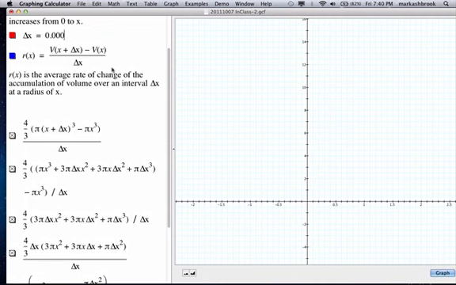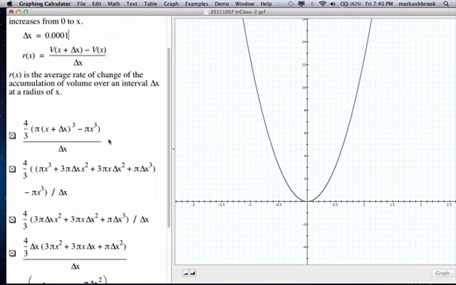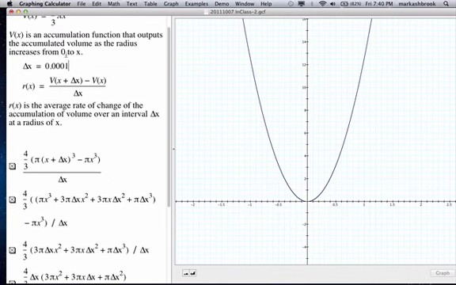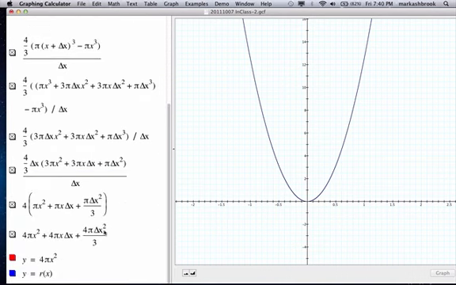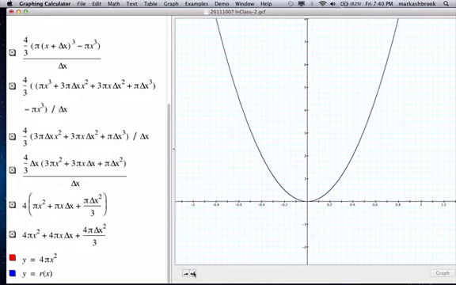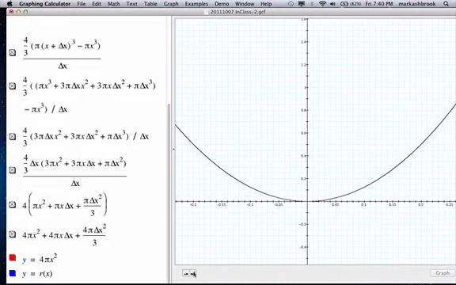So if we want to be safe, we can just go to 0.0001, and this is a very, very small delta x now, and just to our eye and to the resolution of the graphing software here, even if I zoom in a couple times, the graphs are pretty much right on top of each other.